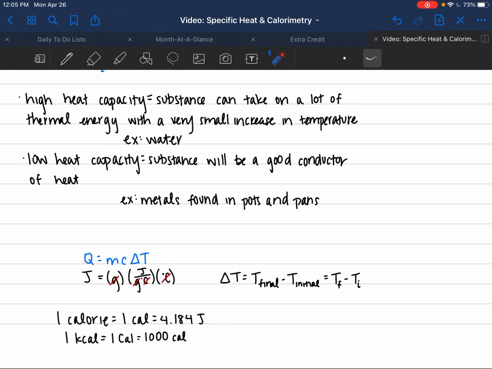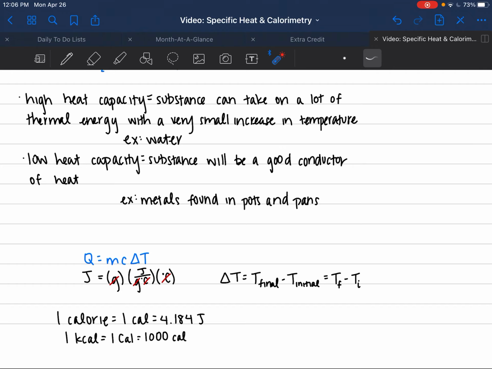And the way I know that is because our mass, which we measured in grams, the specific heat capacity, which is always given in joules per gram degrees Celsius, and then our delta T, T is dealing with temperature, that is degrees Celsius. Notice that the Celsius will cancel and the grams will cancel, leaving us with joules.